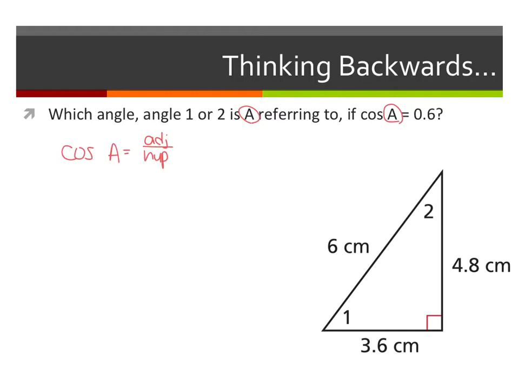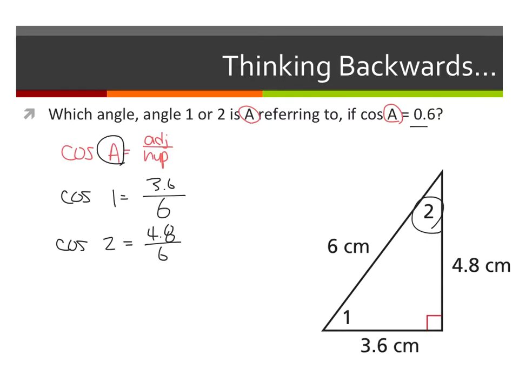So if this A were to be angle 1, cosine of angle 1 will be adjacent side, 3.6 over 6, the hypotenuse. And cosine of angle 2 will be, seeing from 2, the adjacent side, 4.8 over 6, the hypotenuse.